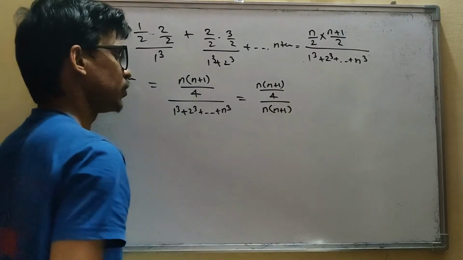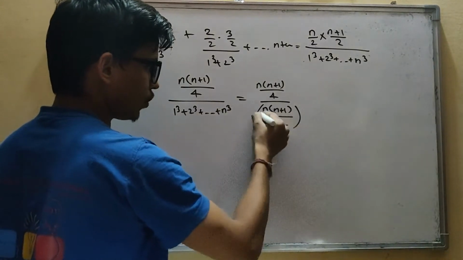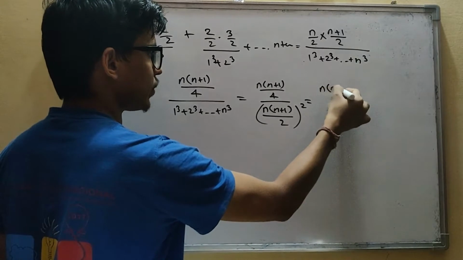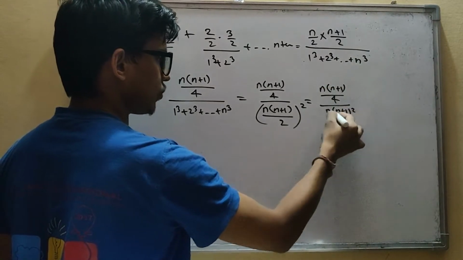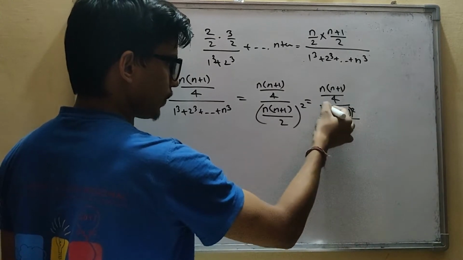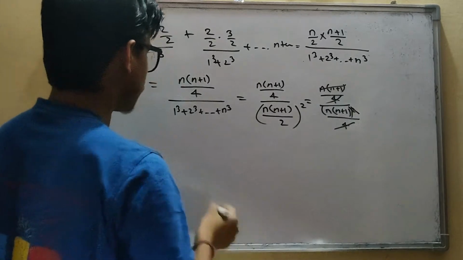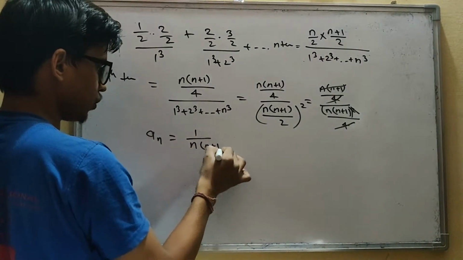The sum of cubes of the first n natural numbers is n into n plus 1 divided by 2, whole square. So this is going to be n into n plus 1 divided by 4 upon n into n plus 1, whole square, divided by 4. So 4 will cancel out with this, and the square will cancel out with this. So the nth term is going to be 1 upon n into n plus 1.